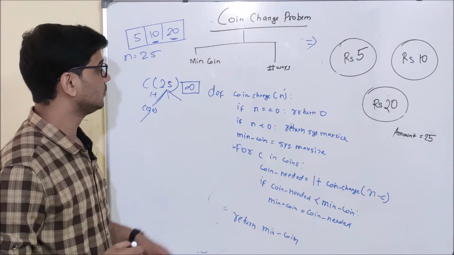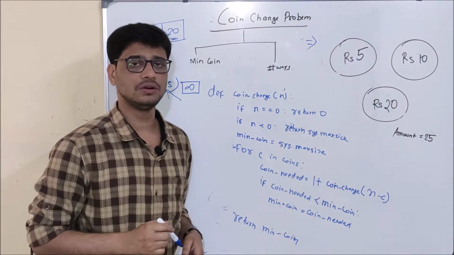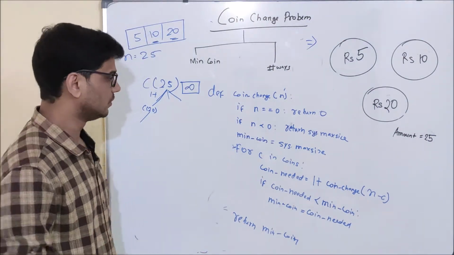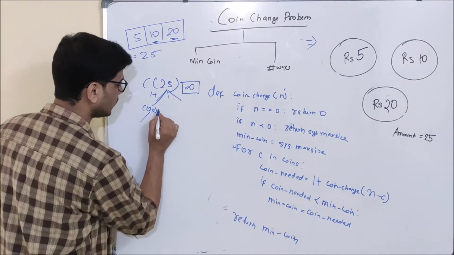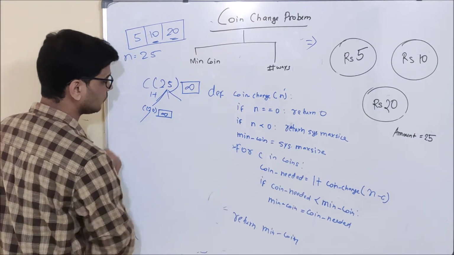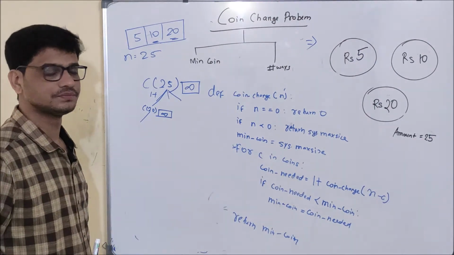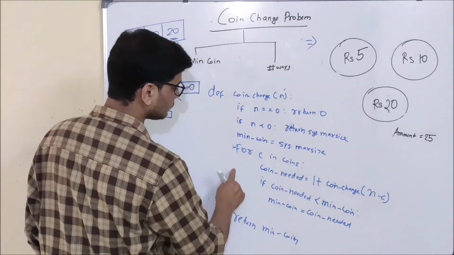Again C of 20 will check whether n is equal to 0. Is it? No. Is n smaller than 0? No. So again it is going to create a min coin variable for itself, and again this for loop will execute. What is this for loop going to do?